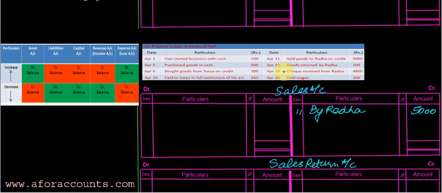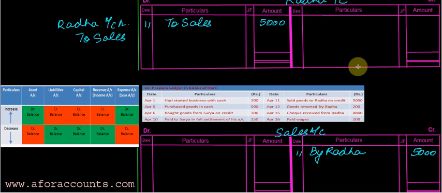Okay. Now, goods returned by Radha 200. See, when I am selling goods to Radha, it is Radha to sales. When goods are returned by Radha, what entry will I pass? The entry will be sales return account debit. Sales is credited, sales return has to be debited.